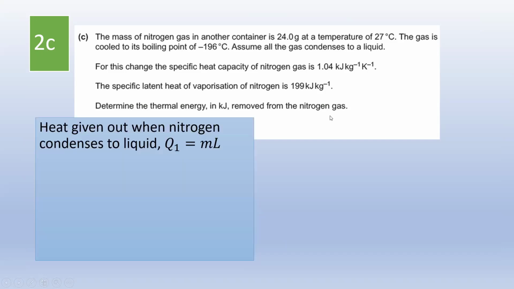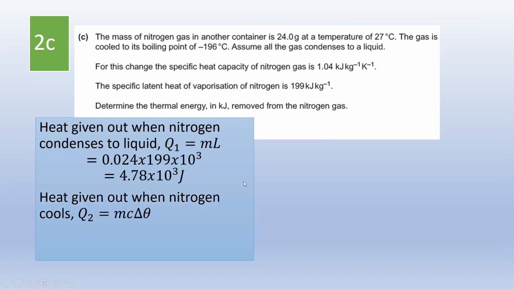Okay, calculate one by one, no? First, heat given out when nitrogen condenses to liquid, right, from gas to liquid at the same temperature. Change to kilogram because it's given in kilogram also. Here, this one. Then this one, change to joule, calculate out.